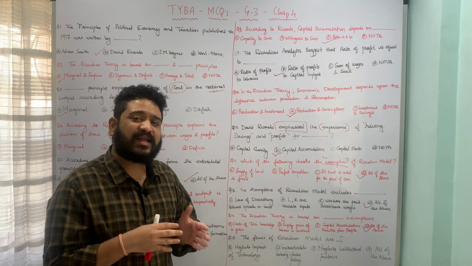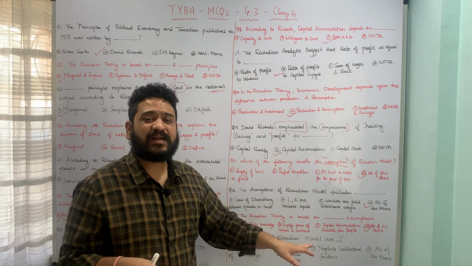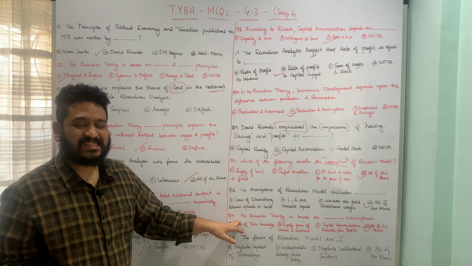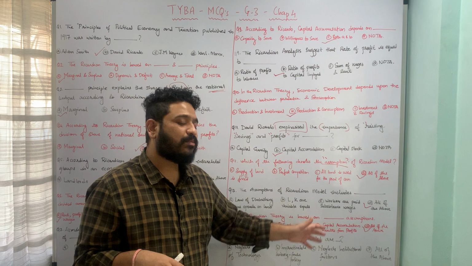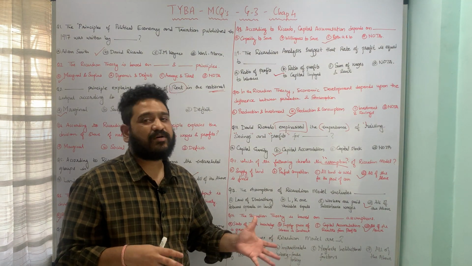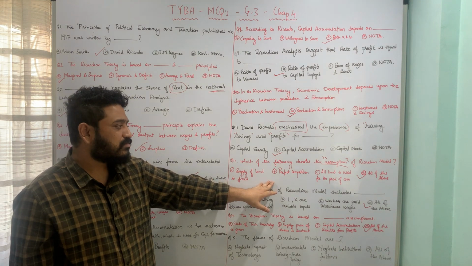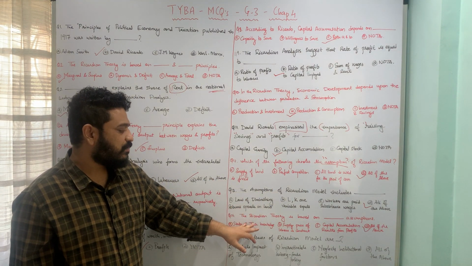Then labor as well as capital are variable inputs. Workers are paid subsistence wage. The state of technological knowledge is given. Supply price of labor is constant, and capital accumulation is a result of profits. Therefore, these are some of the important assumptions of the Ricardian model. I hope all these 3 questions are pretty much clear.